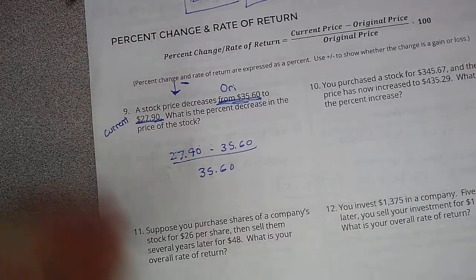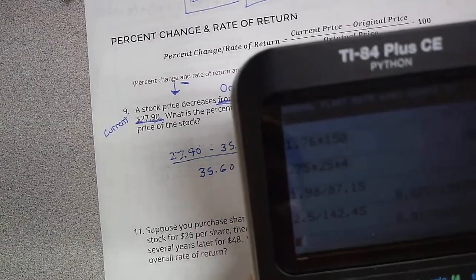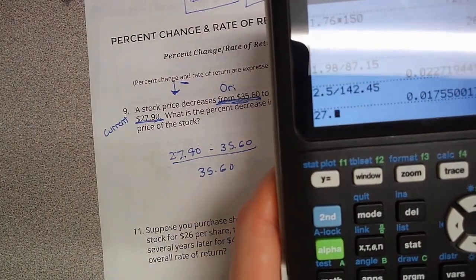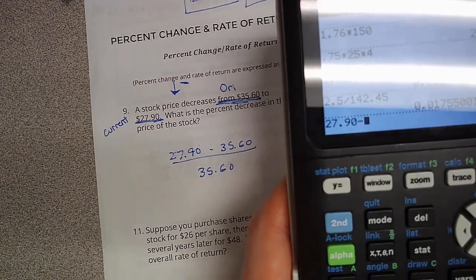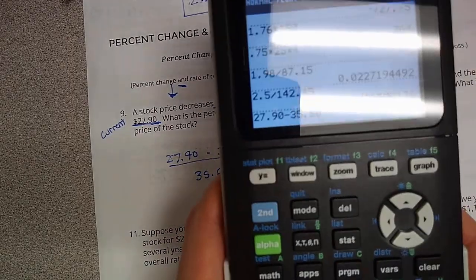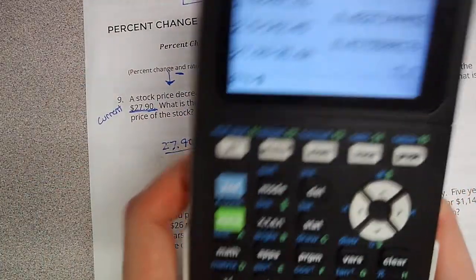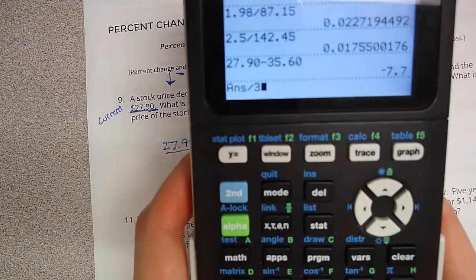Again, we're going to get a decimal, so we're going to multiply that by 100. Okay, there we go. So we have 2790 minus 3560. And I would recommend separating this into two different equations. So we're going to do that equals, and then just take that and divide it by 3560.